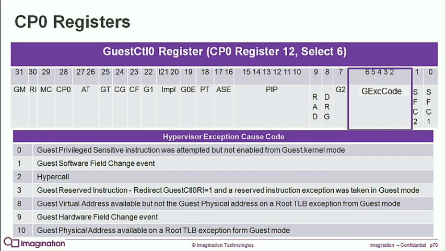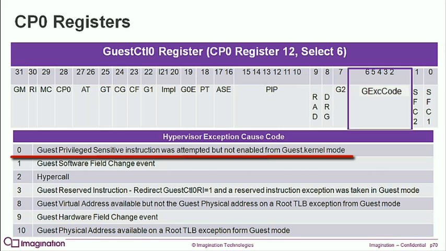When the root cause GE bit is set, a hypervisor intervention exception has occurred. The GE code field further qualifies this exception. 0 is a guest privilege sensitive instruction.